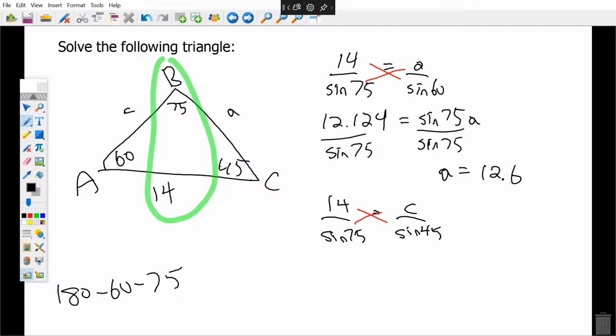Same thing down here. 14 times sine 45 would be 9.899 equals sine 75C. Divide both sides by sine 75.